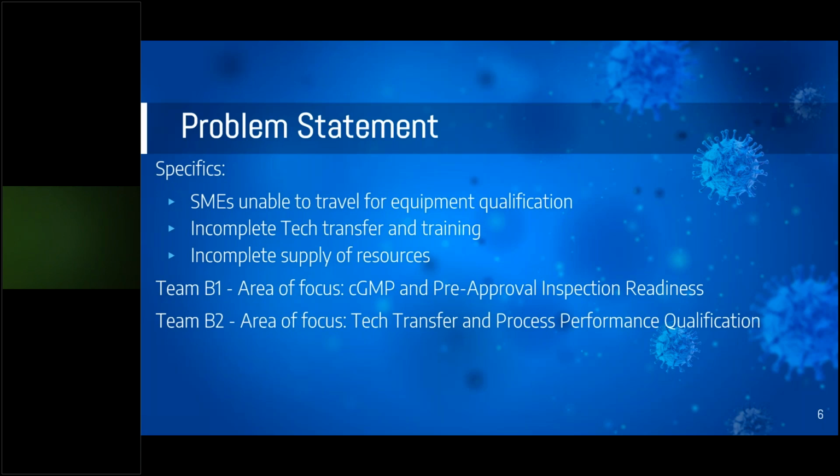And then the supply chain of resources has also been impacted. So our industry, just like every other industry throughout the world, had some kind of supply chain impact when this pandemic took effect. So the way we decided to actually divide these things up among the two sub-teams was Team B1 took on the GMP and pre-approval readiness aspects, and Team B2 took on the tech transfer and process performance qualification areas. Next slide, please.